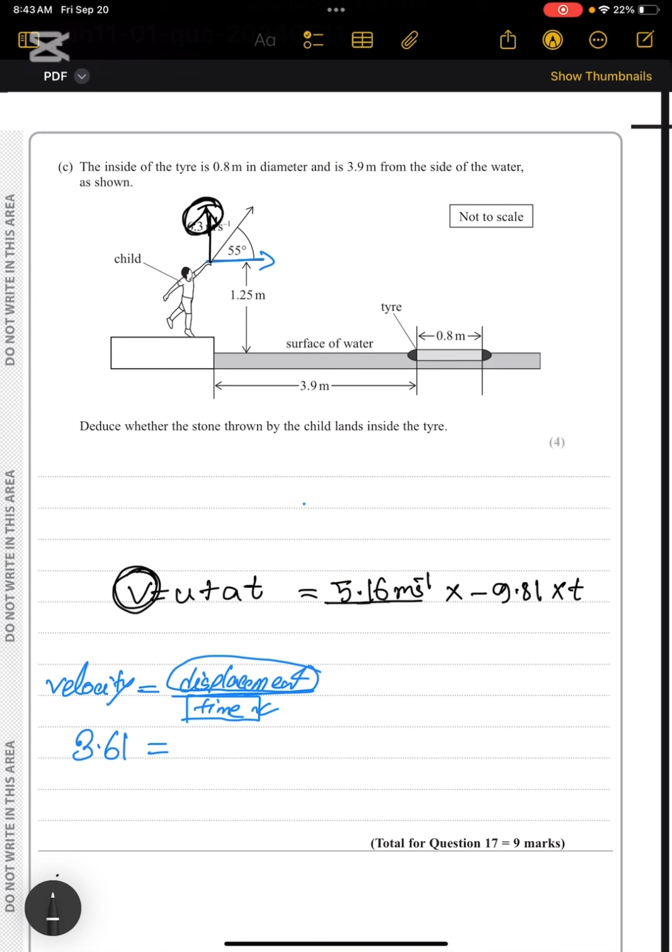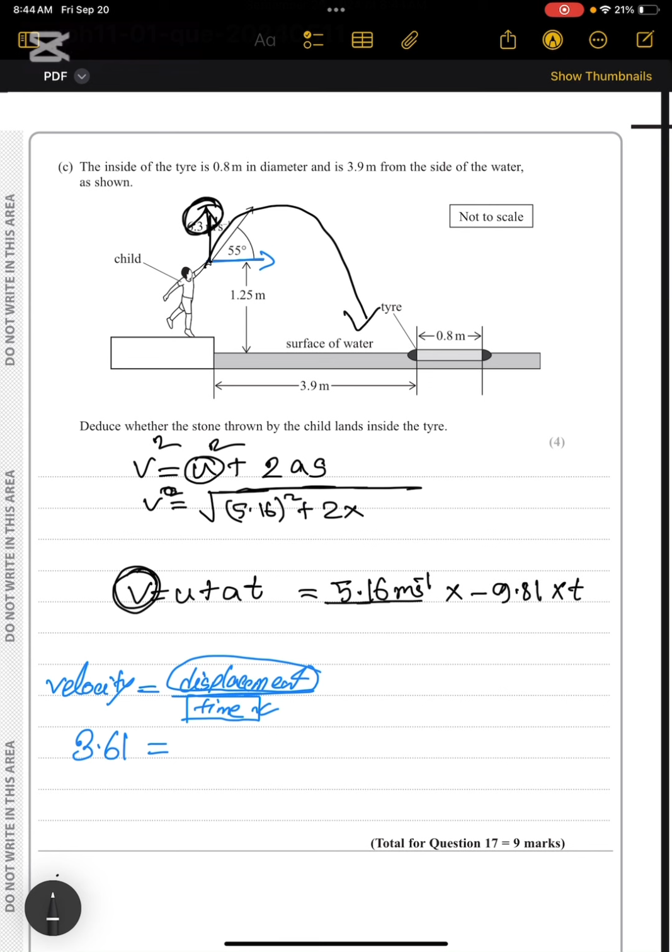To find it, we can use v squared equals u squared plus 2as, and then take the root. The initial velocity was 5.16 squared plus 2 into the acceleration, minus 9.81. Like I made you understand previously, when we take double motion, upward and downward, we take negative g. When we only take the upward motion, we take positive 9.81.